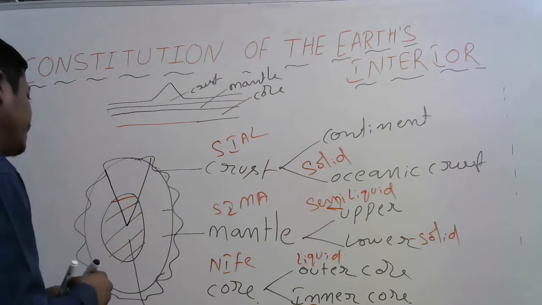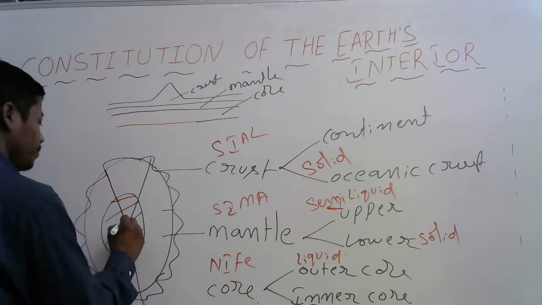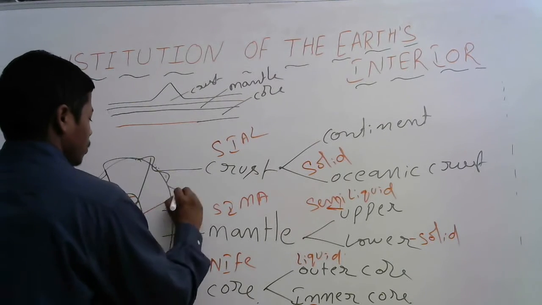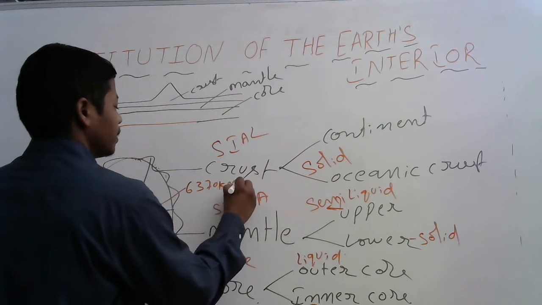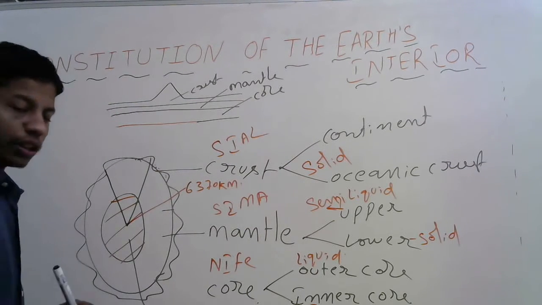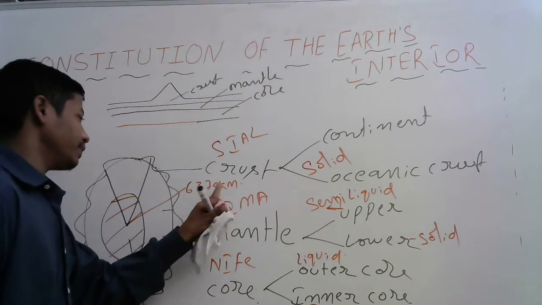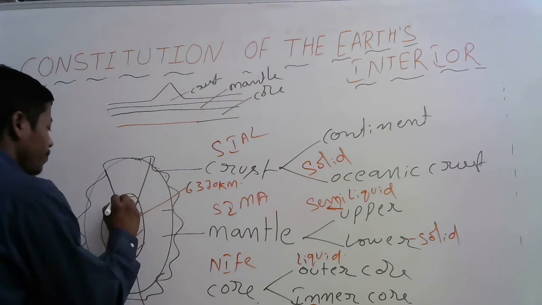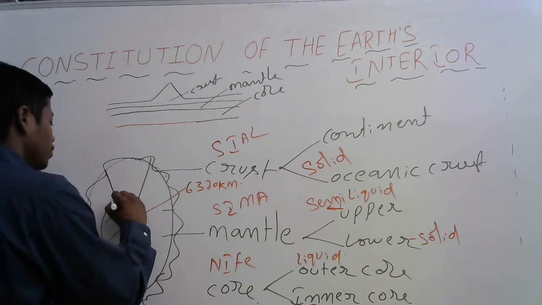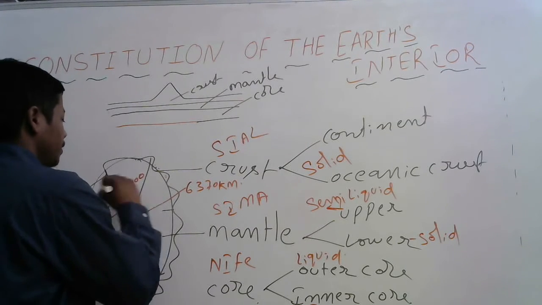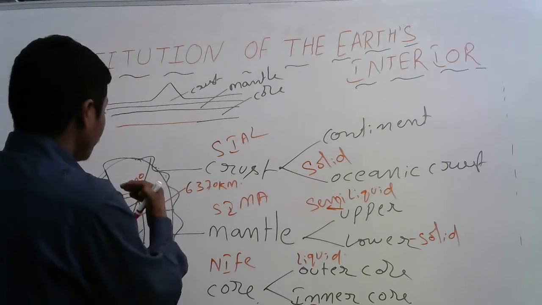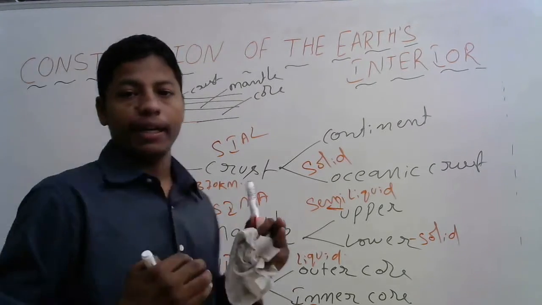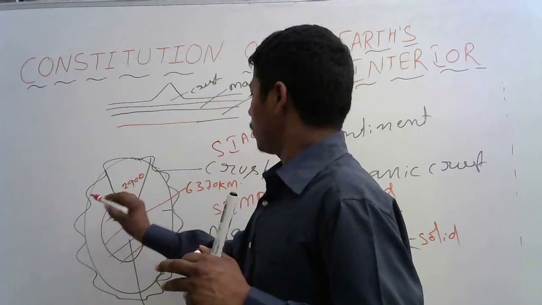The radius of the earth is equal to 6,370 kilometers. The outer core begins at 2,900 kilometers. The border between the mantle and the core is at 2,900 kilometers.